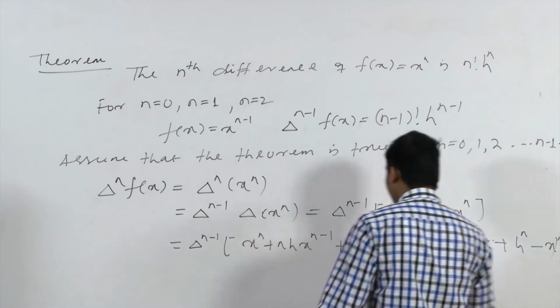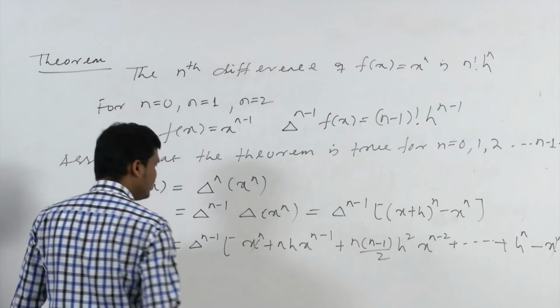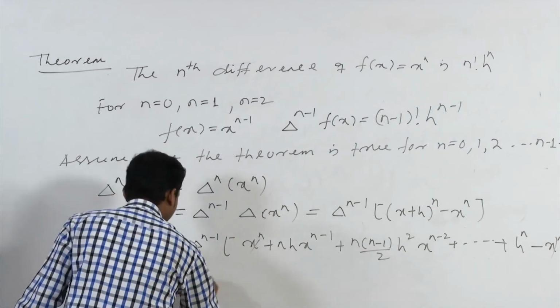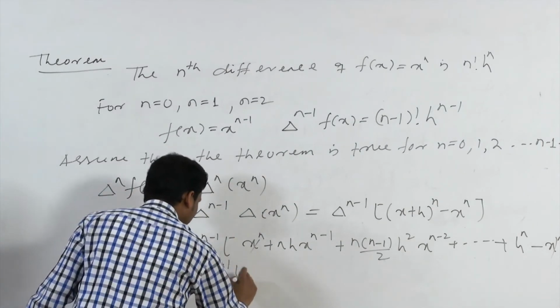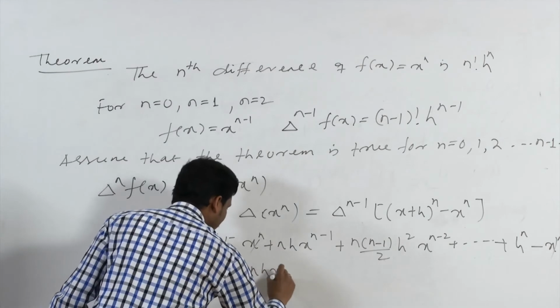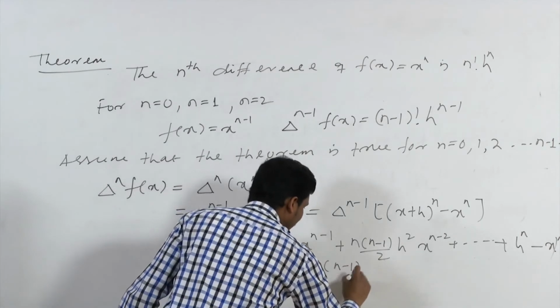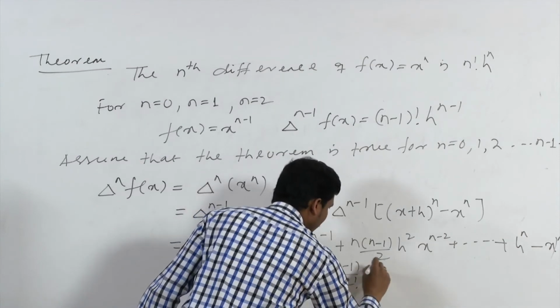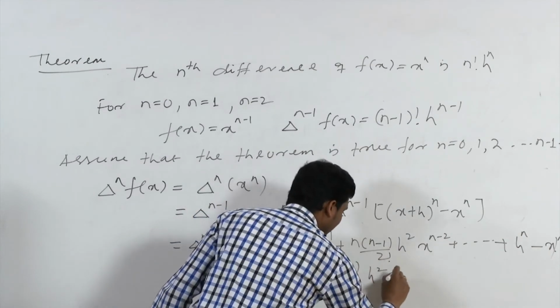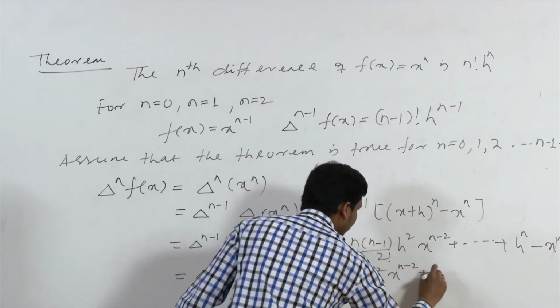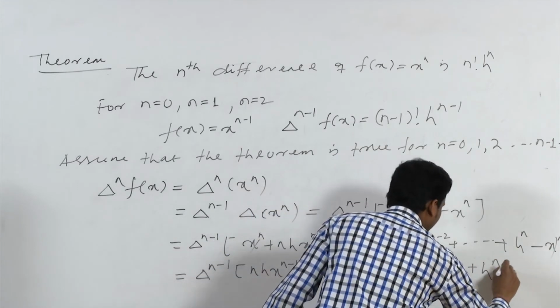So, x to the power n and x to the power n cancel out, and I can write Δ to the power n minus 1 of n h x to the power n minus 1 plus n into n minus 1 by factorial 2 h square x to the power n minus 2 plus up to h to the power n.